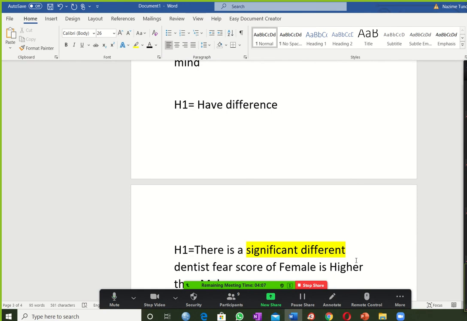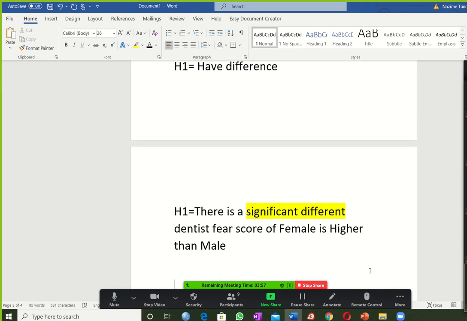Some people use it with the wrong meaning, but it is a powerful keyword expressing some kind of research findings. I will explain it later. Then there is a significant difference between female and male dentist fear. We can say this.